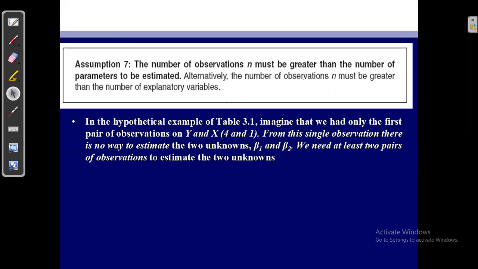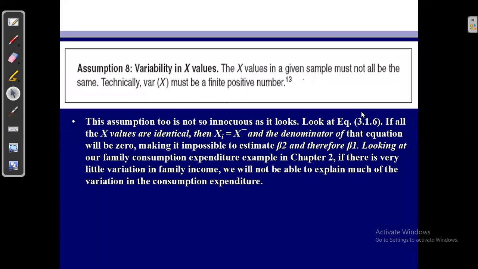For example, if the number of explanatory variables in your model is 20, and your sample size is 15, you will face estimation problems. You will not be able to estimate some of the parameters of your model. So your sample size must be sufficiently large, and the minimum meaning of sufficiently large is that it should be larger than the number of parameters.